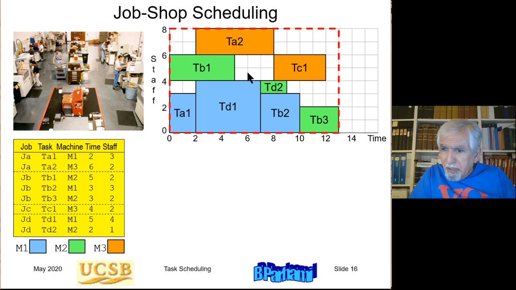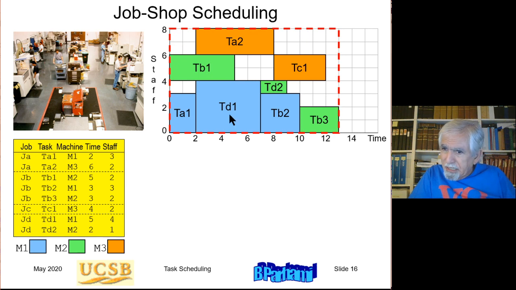Okay, if these employees are paid by the hour so that they're not paid when they're not doing work, if I can limit the number of staff to 7, if I can fit all of these puzzle pieces inside a box of height 7, then I save the salary of 1 staff member.